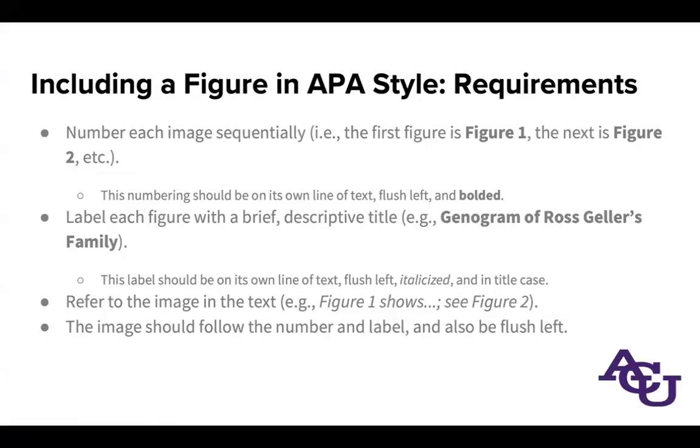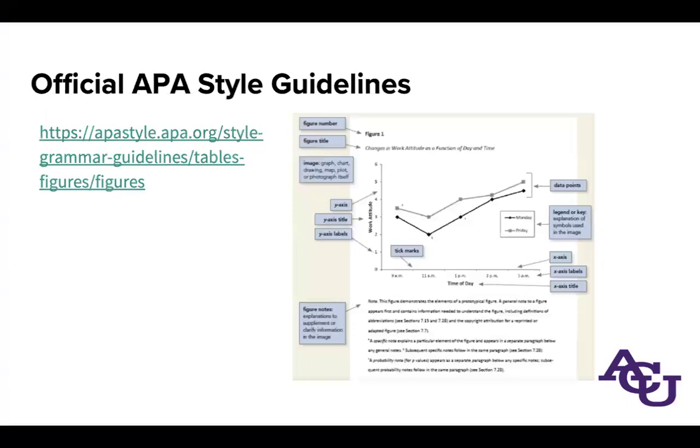To discuss a figure, you need to first include it. And APA style has its particular rules about how we label the figure number with bold. The figure title or label is going to be in italics in title case. We do want to have a legend to explain anything that is not very obvious at the onset.